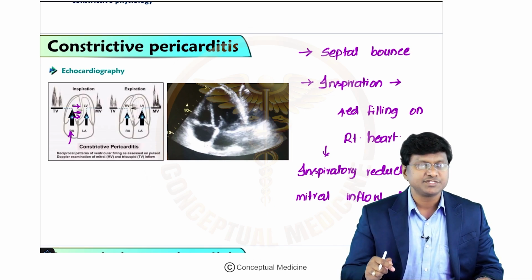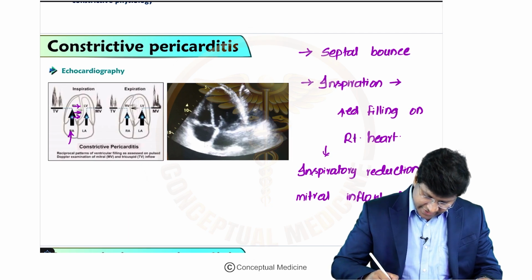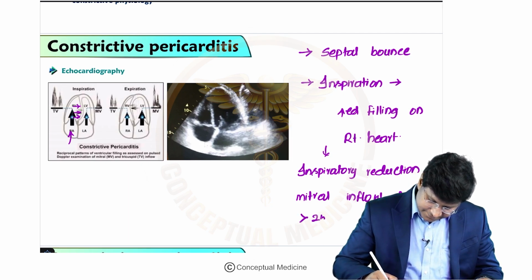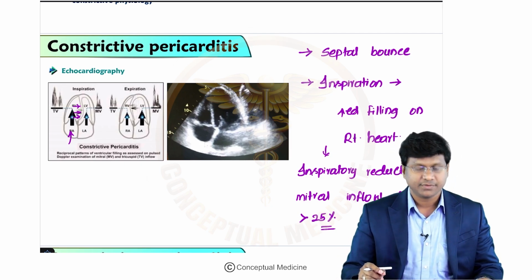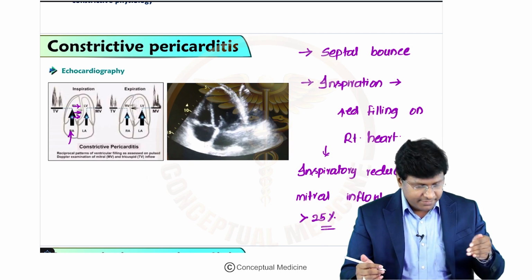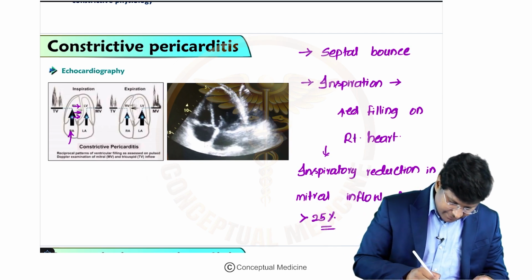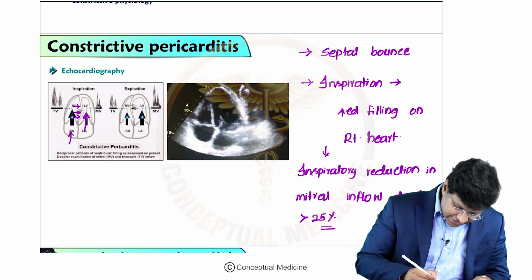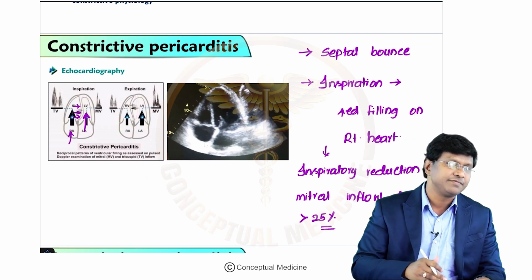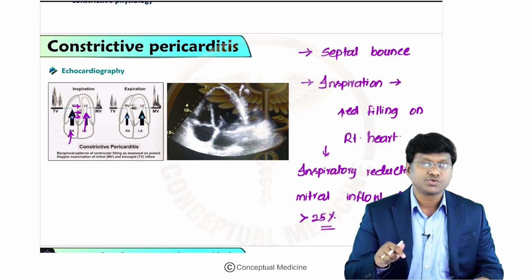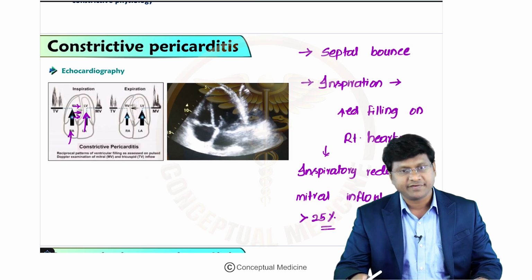And how much will be that inspiratory reduction? That will be more than 25%. That means during inspiration, because of the push of the interventricular septum onto the left side, the blood moving from the left atrium to the left ventricle will be reduced. That is what is called inspiratory reduction in mitral inflow Doppler pattern of greater than 25%.